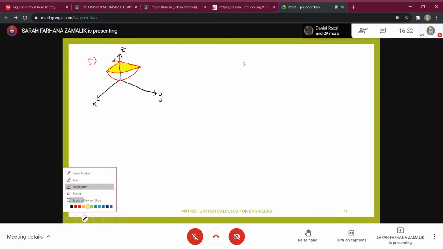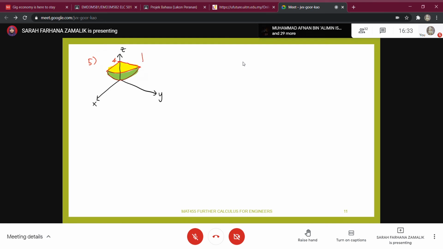Parabola kita yang kat bawah tu, which is this one. And if you look at your parabola here, dia sebenarnya consist of berapa surface kat sini? 1, 2, 3, 4, okay. Ada 4 sebenarnya. Sebab dia dah cut off. And then dia beritahu it is on first octant. Mana datang 4 surface ni?